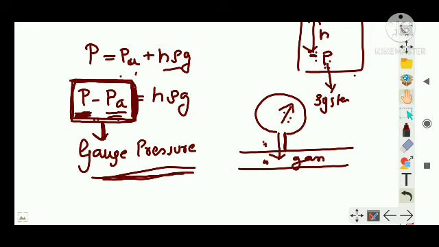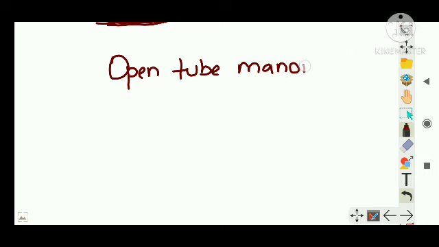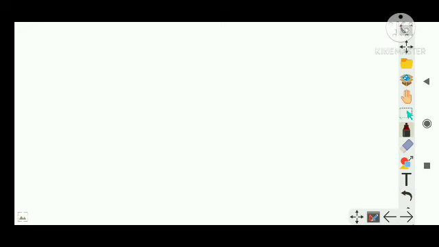Clear? And just like measuring atmospheric pressure, there is a device used for measuring gauge pressure. Almost all devices measure gauge pressure only, and that type of device is called an open tube manometer. What are the parts of an open tube manometer?